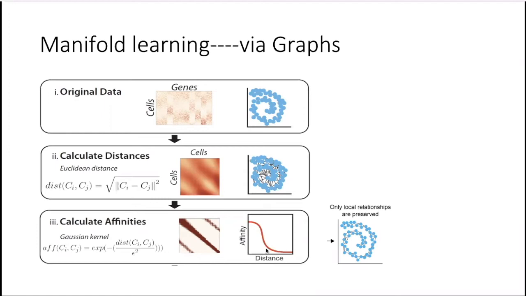So if I thresholded this kernel right here, for example, you might have a graph like this where only the local relationships are preserved. And now in order to get global relationships, what you have to do is reconnect, but through the paths that are afforded by this graph. And this is really what I'm talking about when I'm talking about diffusion. Diffusion is a way of using these local relationships to get global distances and global connectivity through this graph, which is really like a mesh on the manifold of the data, if that makes sense.